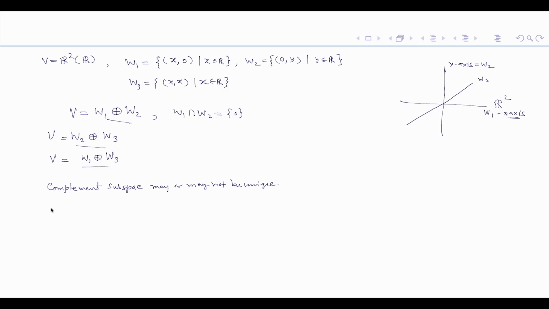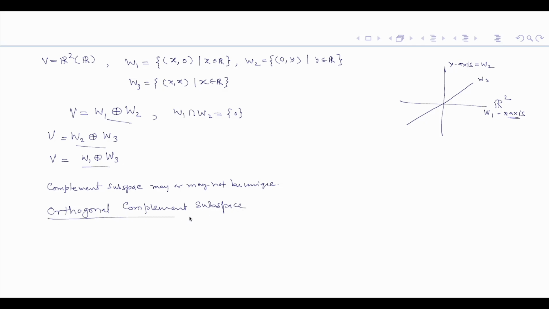Now one more important point I'm going to talk about, the orthogonal complement subspace.